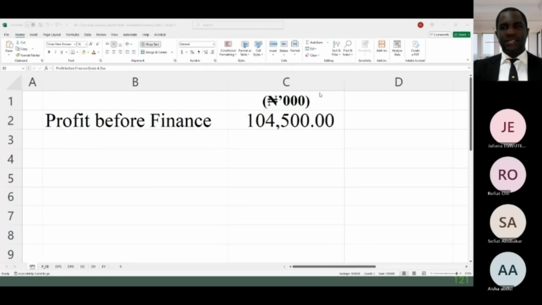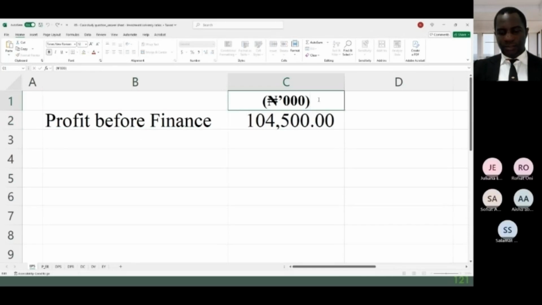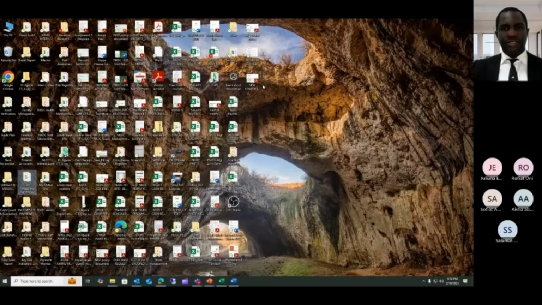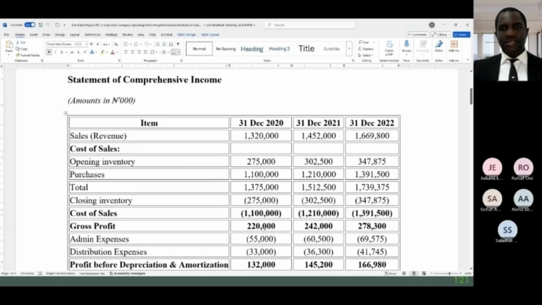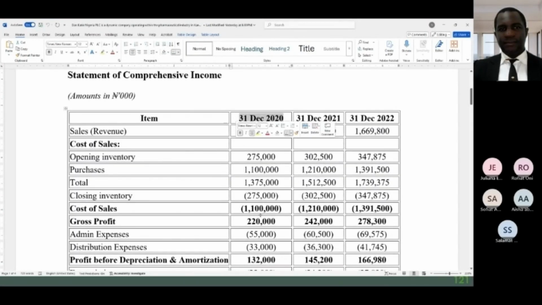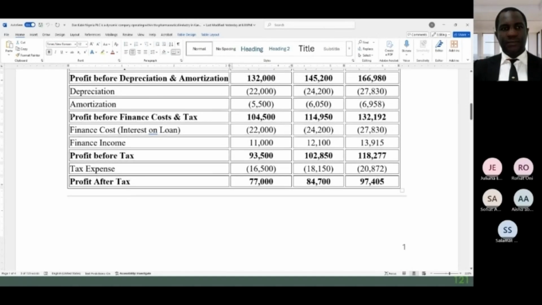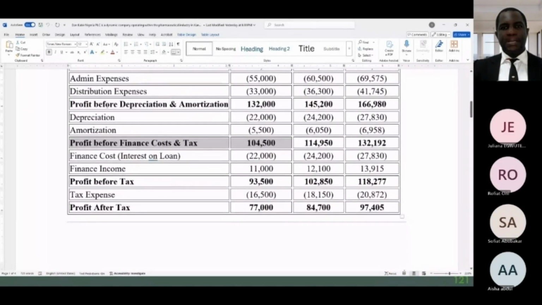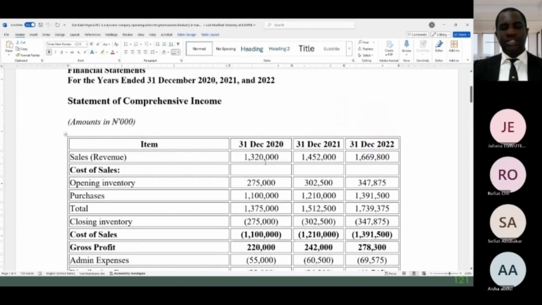Okay, let's do this first year, which is 31st December 2020. Let's pick our profit before finance cost and tax for 2020.